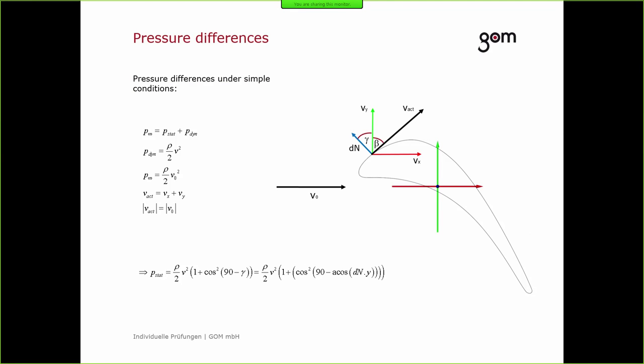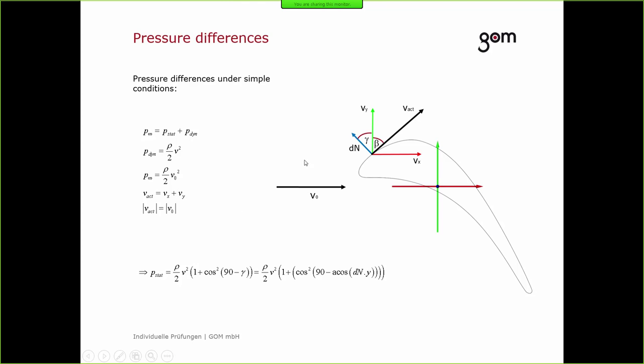What if it gets a bit more complicated? So here we have a shape of a profile, a blade profile. We made some thoughts about this with some simplifying conditions, only using Bernoulli, these conditions on the left-hand side, and some vector mathematics.